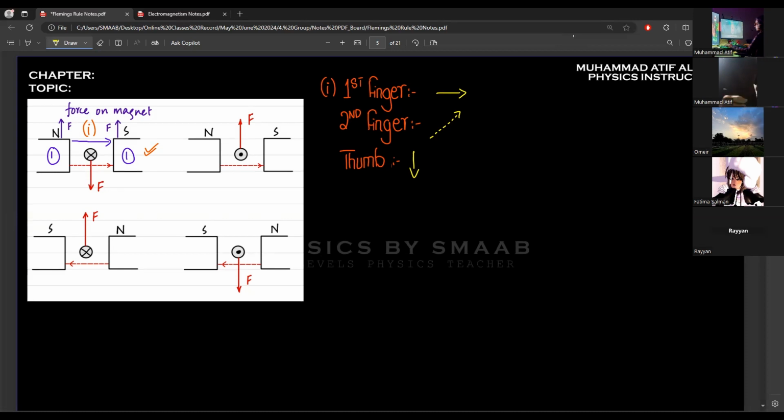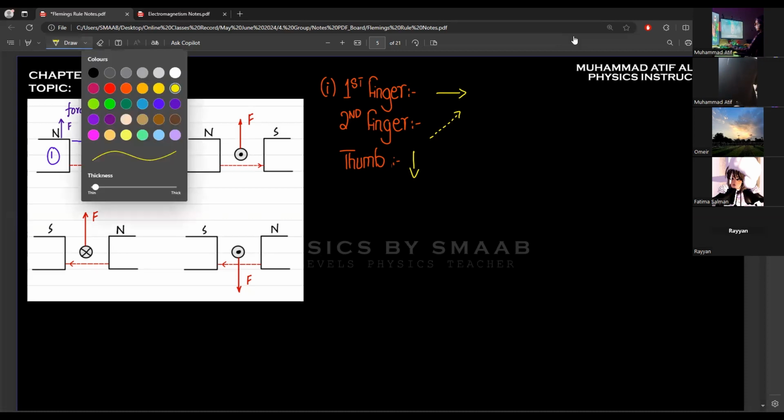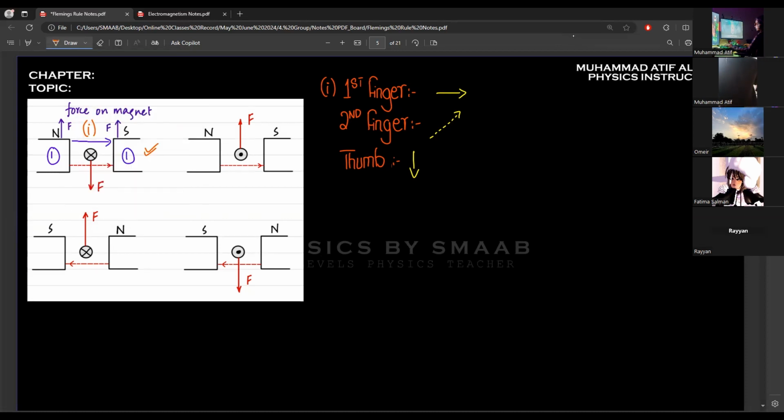And let's suppose we consider the second one. Let's suppose this is the second diagram. So for the second diagram, you have to set your fingers again. So this is the direction of magnetic field again, right?